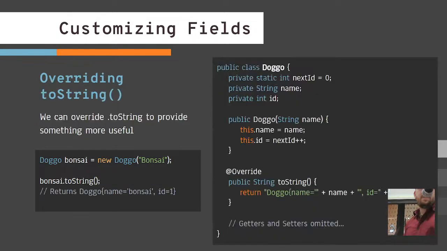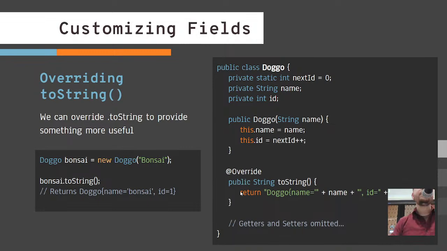So the cool thing is, we have this option of overriding these methods. Here we can say @Override. This is sort of a new bit of syntax. We have this @Override on top of the method, and then we have our method. Our method is toString, the exact same name as the method that we're overriding.